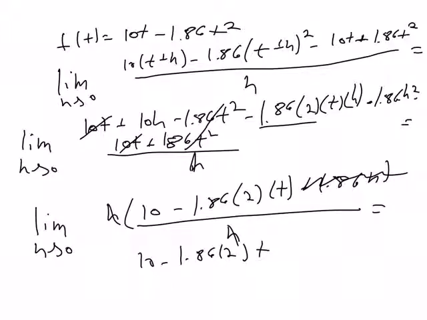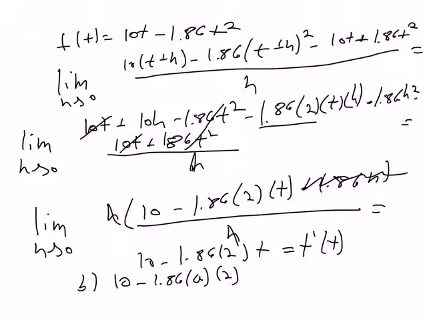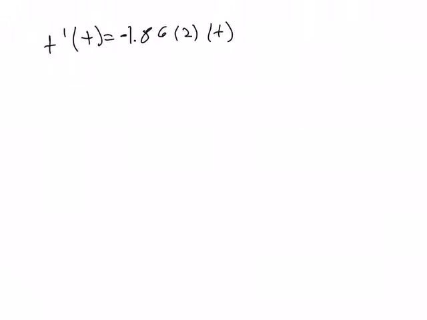So now this is for t equals a. So for problem B, for a, we'll just plug in 10 minus 1.86 times 2 times a. That's going to be our answer. And this is f prime of t, so f prime of t is equal to negative 1.86 times 2 times t plus 10.